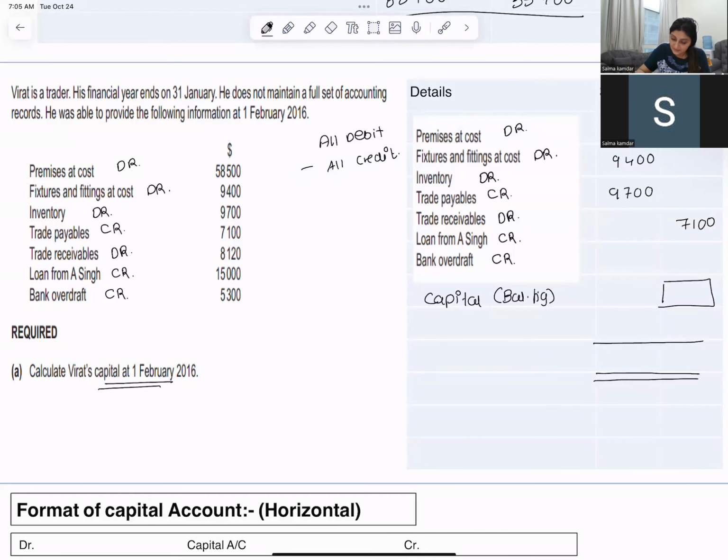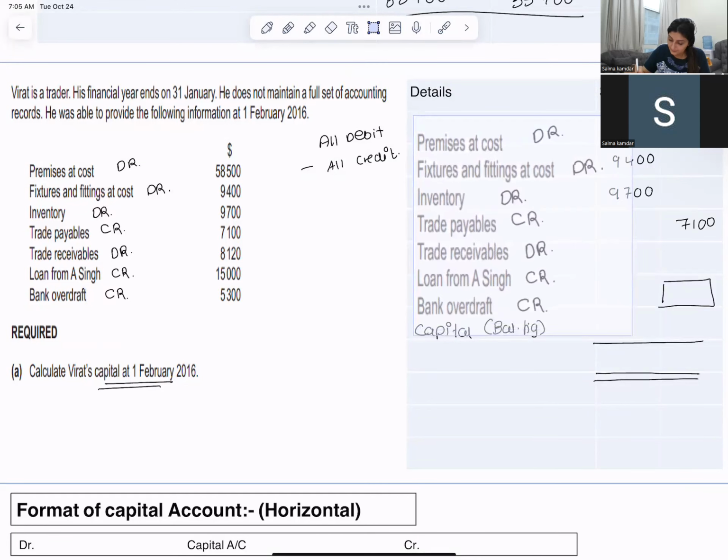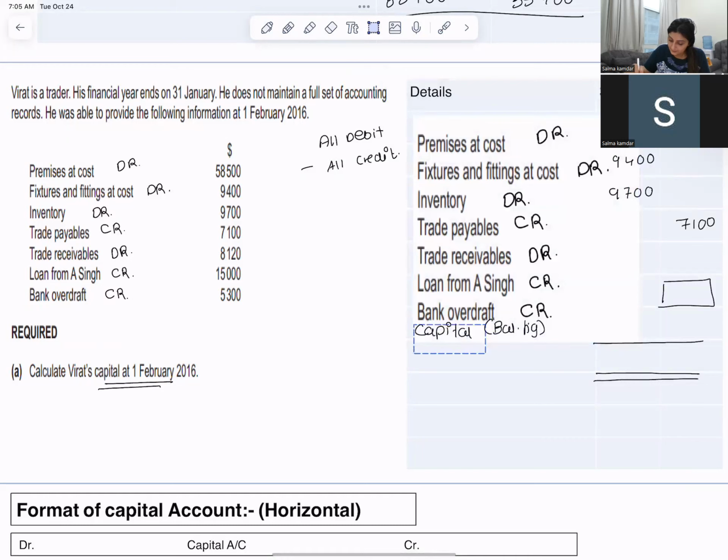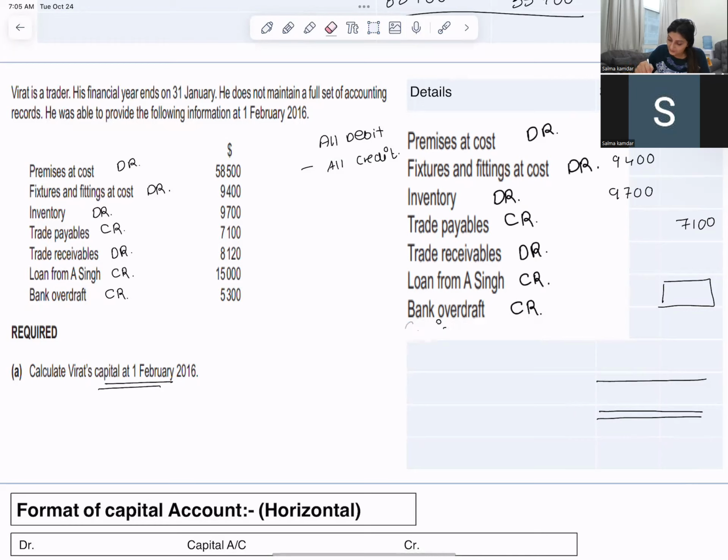Trade receivables is 8,120. Loan from Singh is 15,000.